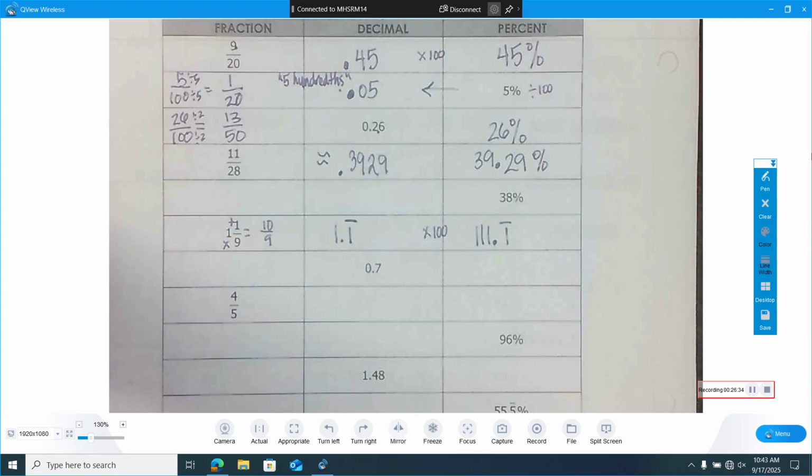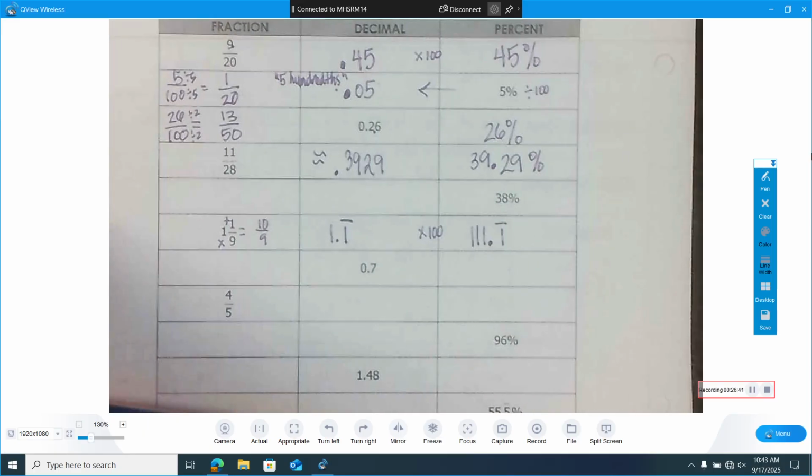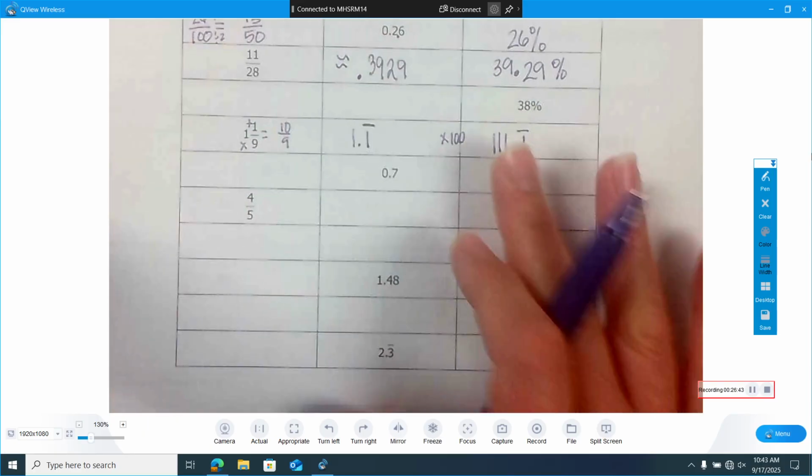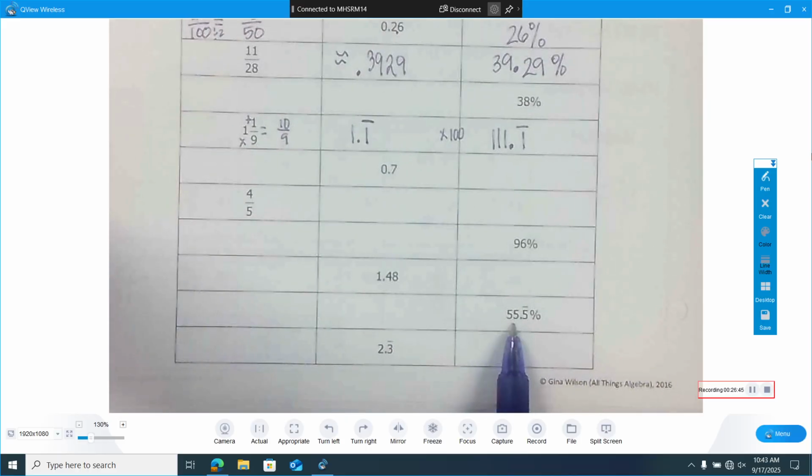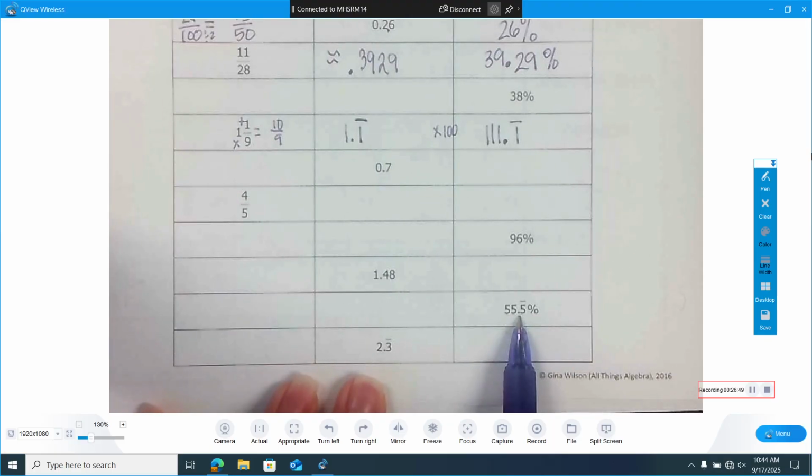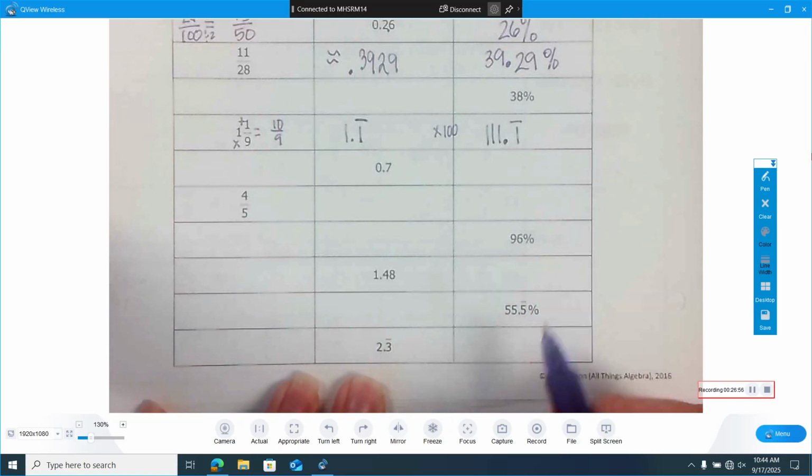All right. Do you have questions for me? Let's go one more, this last one. Right down to the bottom, the 55.5 repeating percent here. I want to convert that to a decimal. What should I do?